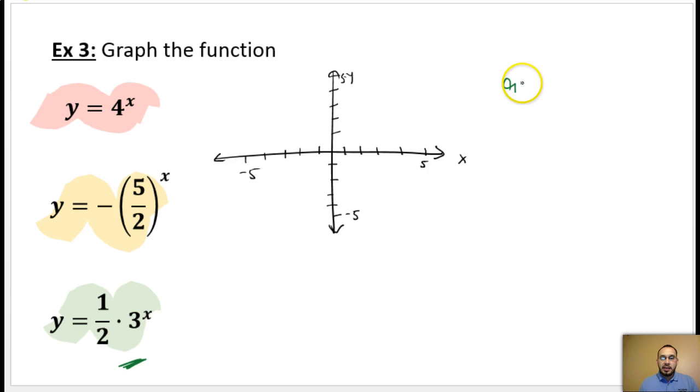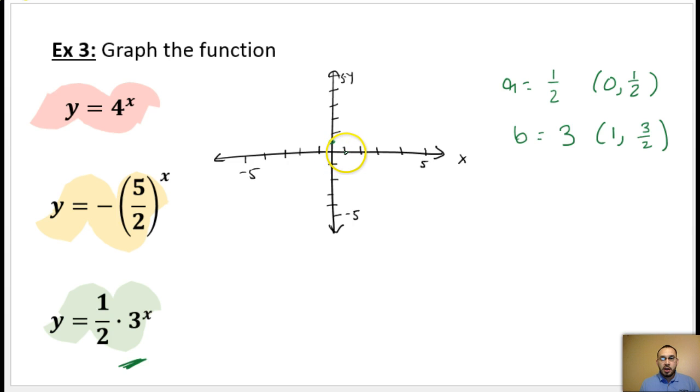Here we have a equal to 1/2. b is equal to 3. We want to plot our 2 very important points. The first one is our y-intercept, which is when x is 0, y is 1/2. The second one is when x is 1. We just multiply these 2 together, and we get 3/2. So let's plot these points. (0, 1/2) is about here.